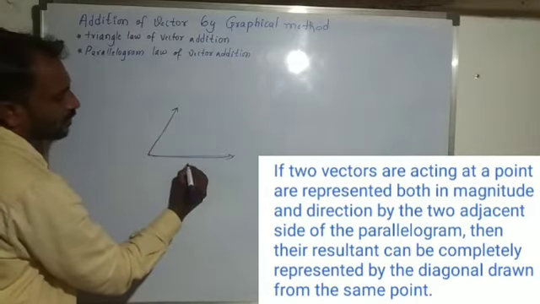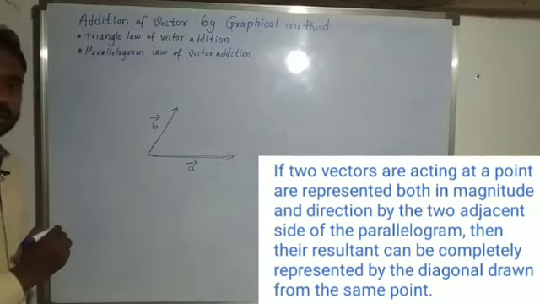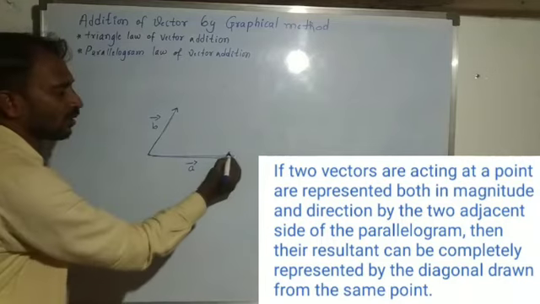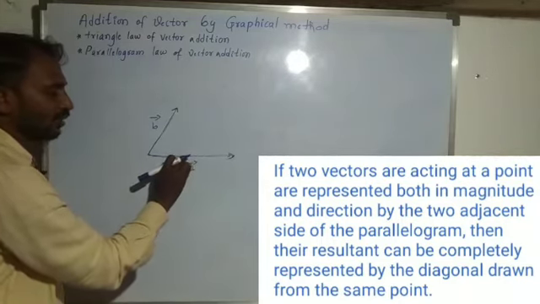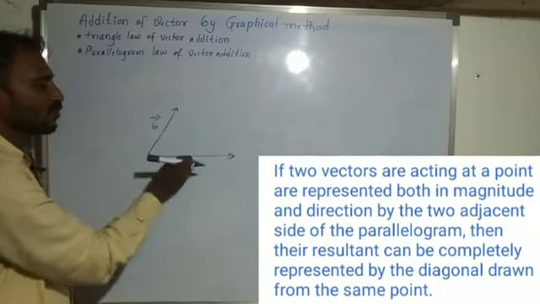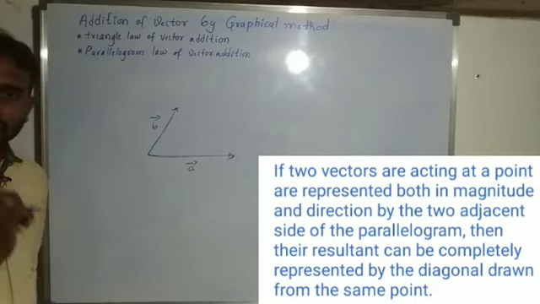This vector we consider vector A and this one is vector B. These two vectors have both magnitude and direction, and they represent adjacent sides of a parallelogram.